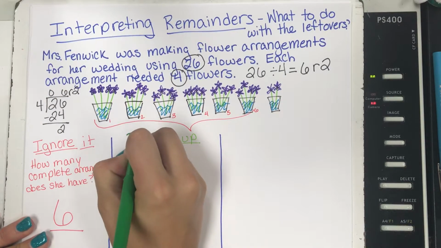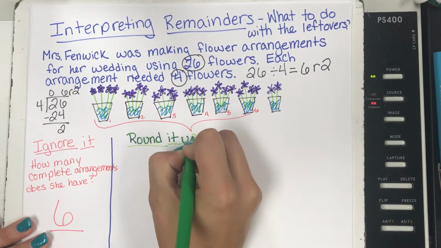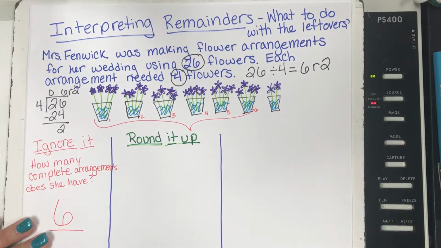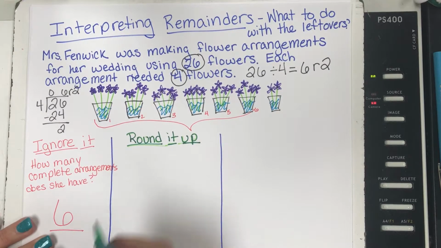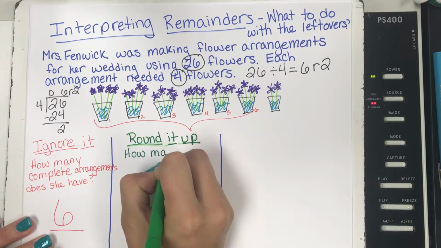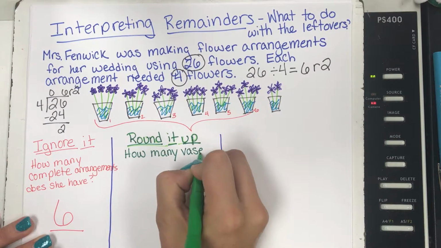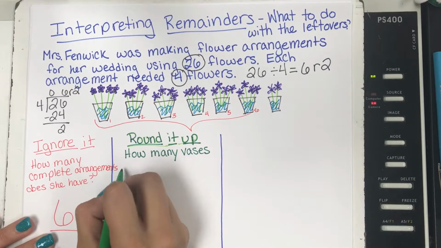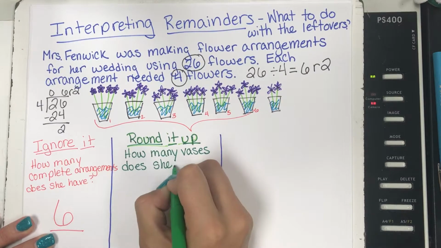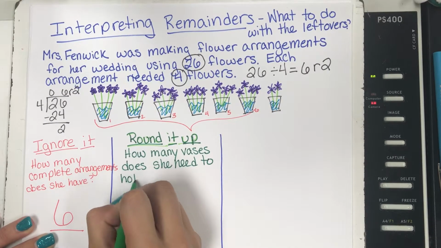This one would be round it up. Okay. So an example question would be, how many vases does she need to hold all the flowers?